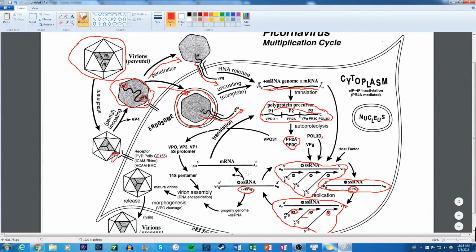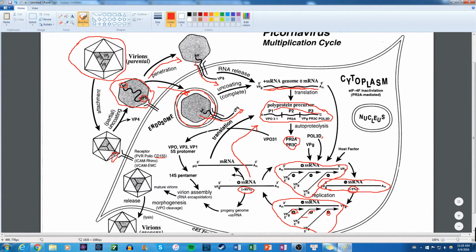And that is shown here. You follow this red line that I'm drawing right now. So now you just make a bunch more proteins, even more 2A protease, even more 3C protease, even more polymerase and VPgs, and you can repeat the replication cycle until you deplete the cell's pool of nucleotides and so forth.